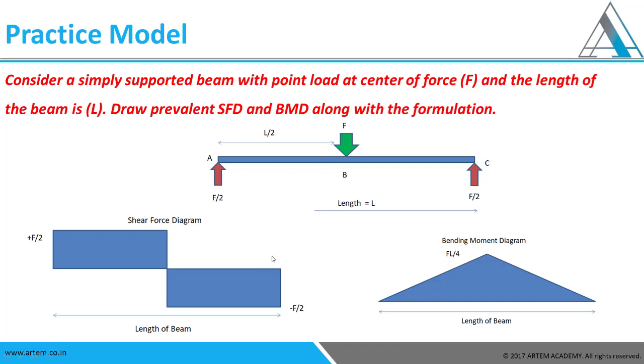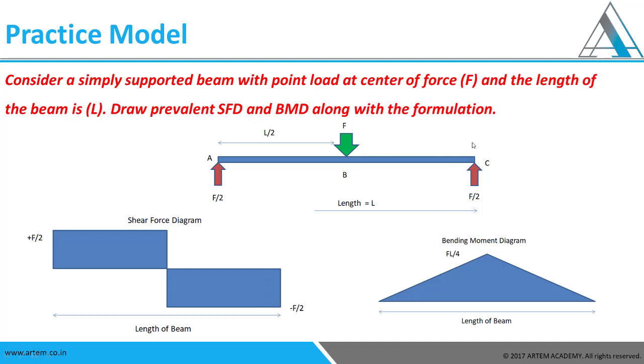And that's why we see such symmetry in the shear force diagram as well as in the bending moment diagram. In the shear force diagram, as I already told, the upward forces coming from the right, we would take as negative, and the downward force we would be taking as positive. So as we go from here, we would say this is negative. So there is a negative force, minus F by 2.